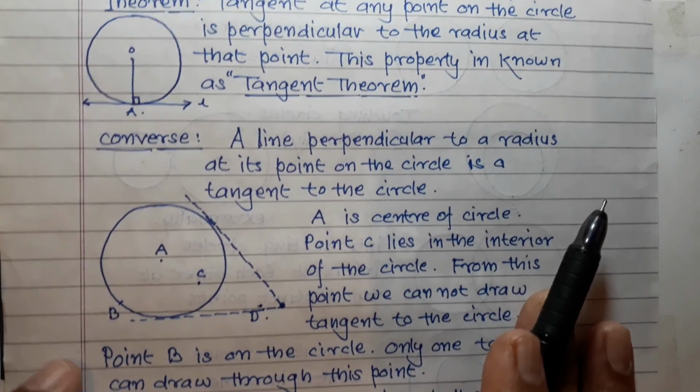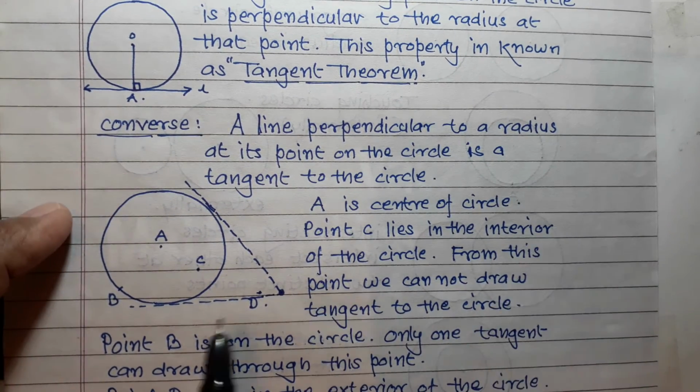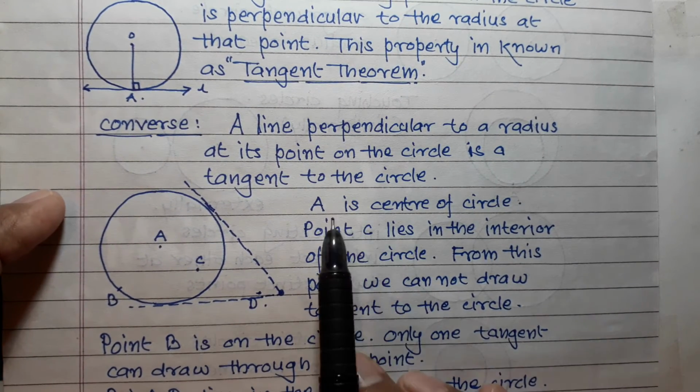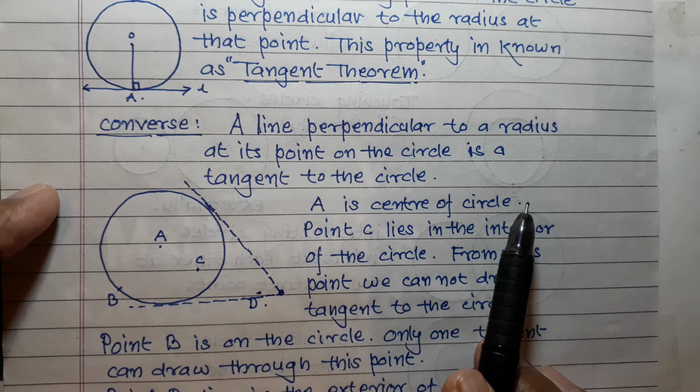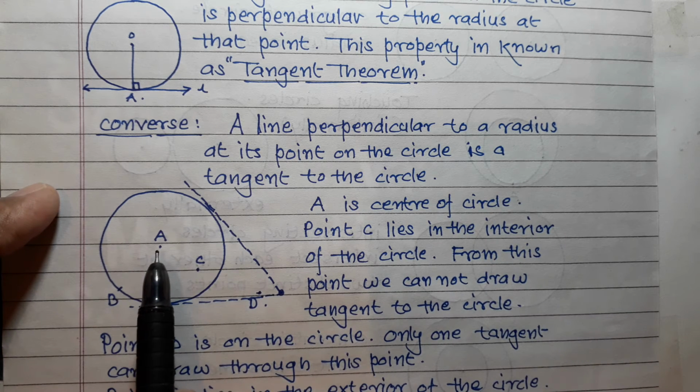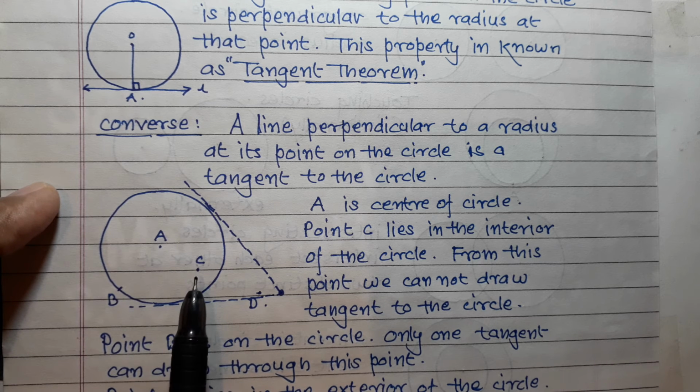Then try to understand this concept. A is the center of the circle, so this is a circle with center A. Now in this circle, C is a point. C lies in the interior of the circle.